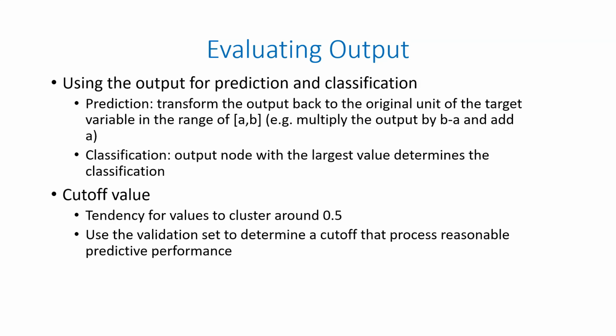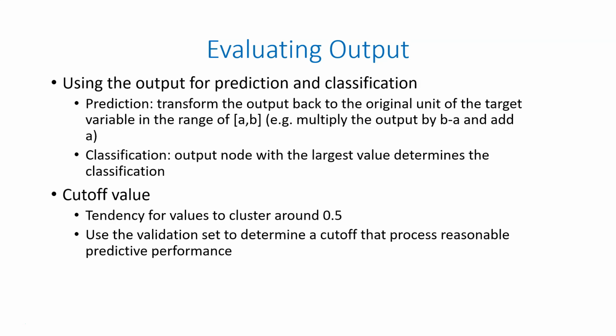If the problem is a prediction problem, you will only receive one value in the one node from the output layer, because the target variable should be a single numeric value. Recall that for the input values, we recommend that you scale the values into the 0 to 1 range using the minimum-maximum normalization technique if you are going to use the logistic function as the transfer function.